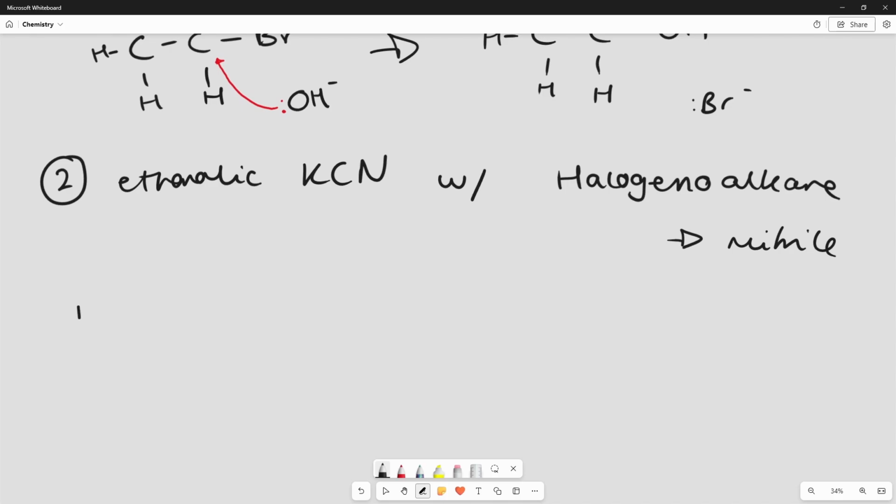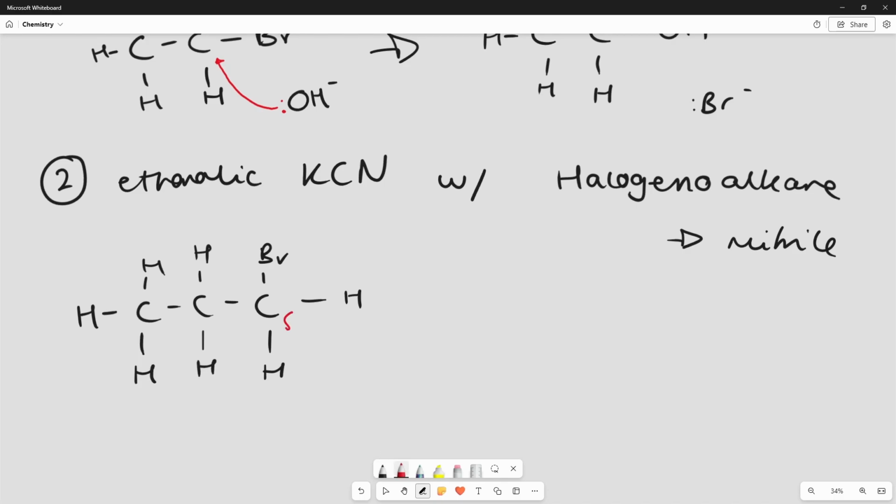So let's come up with a molecule; we'll use 1-bromopropane. Let's just draw the delta positive and the delta negative. So you have a delta positive carbon and a partially negative bromine, and we have our cyanide nucleophile. I'll draw the electrons in red.